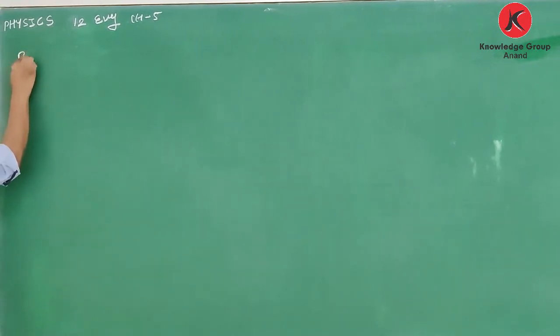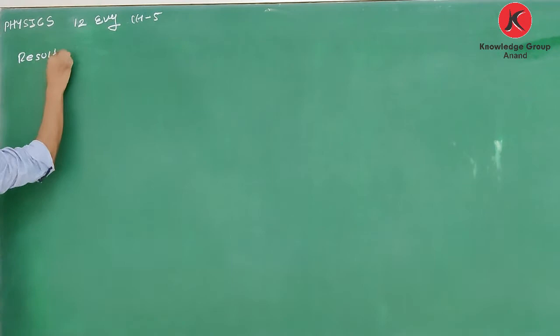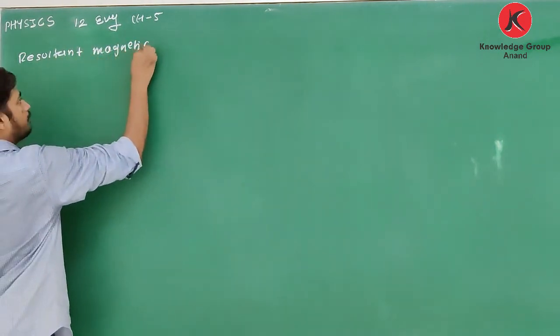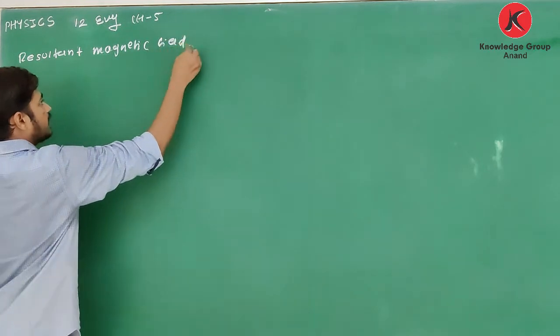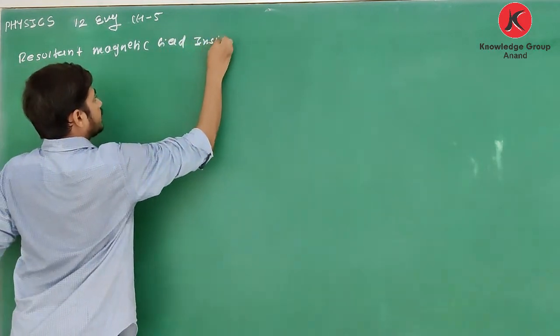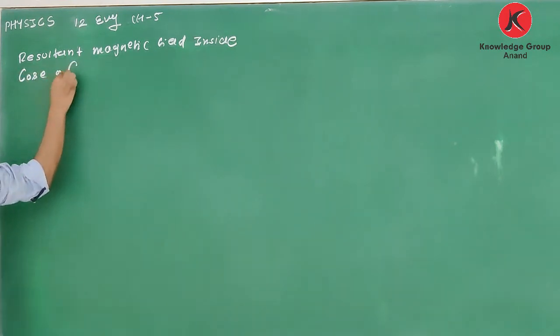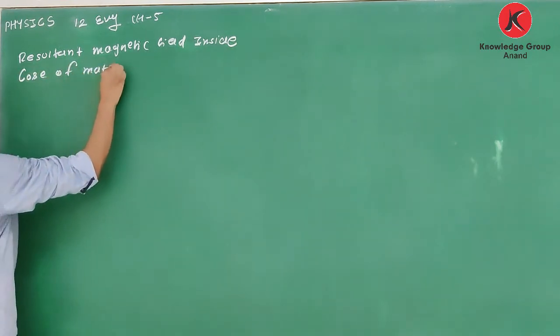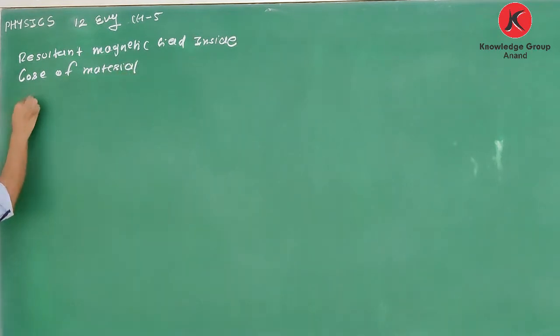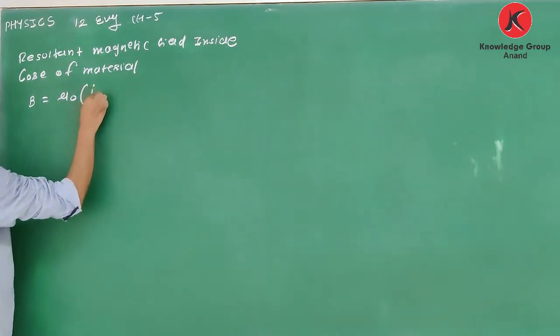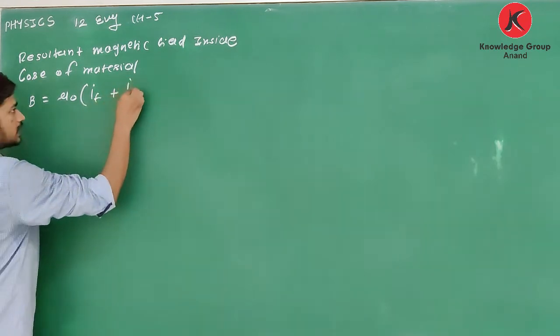Resultant magnetic field inside the core of the material. Yes, B is equal to mu 0 IF plus IB.